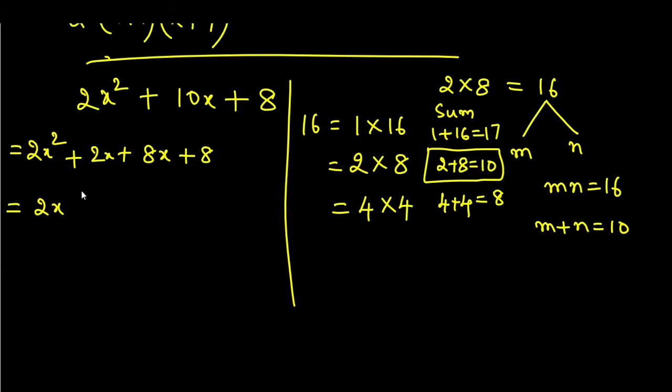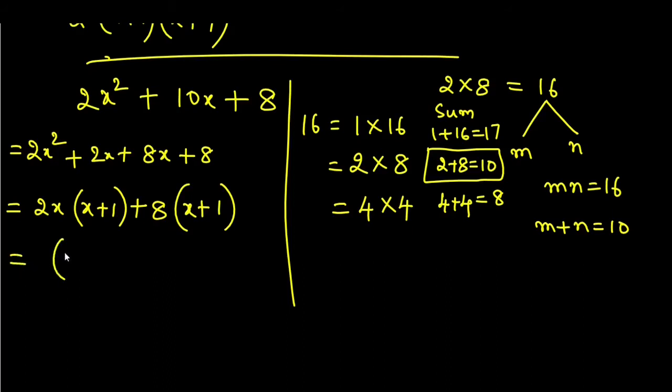When we take 2x as a common factor, we remain with x here and 1 here. 2x into x plus 1 plus here we have 8 as the highest common factor. When 8 is taken as a common factor, we remain with x here and 1 here. This is 8 into x plus 1. From these two units, we can observe that x plus 1 is a common factor.